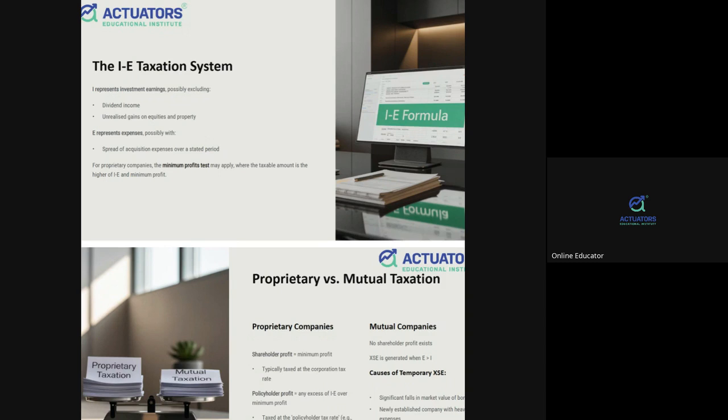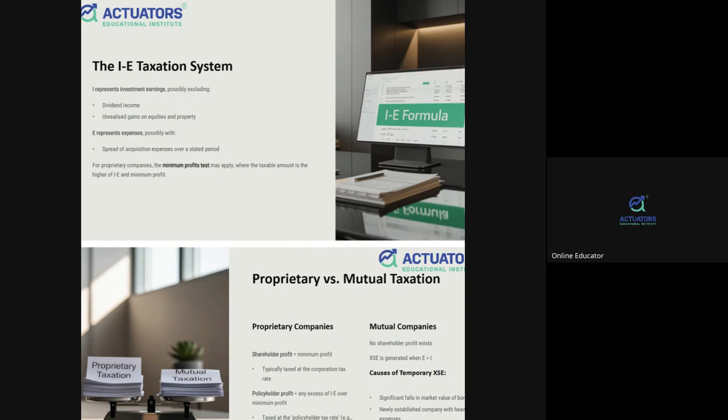Just to confirm, shareholder profit you are saying we can consider as trading profit only? Yeah, it's the trading profit. So is it correct to say that in I minus E basically we are paying extra tax in a way? True. I minus E is paid because we are paying tax on shareholder profit, which is again trading profit, plus policyholder profit.